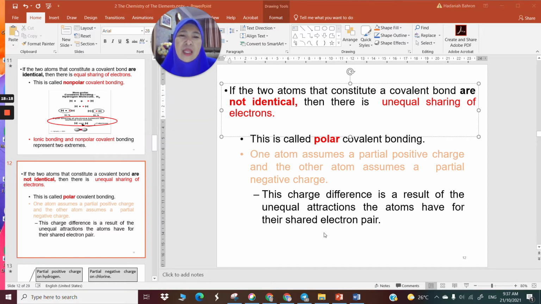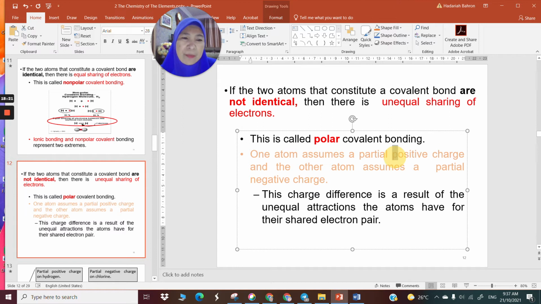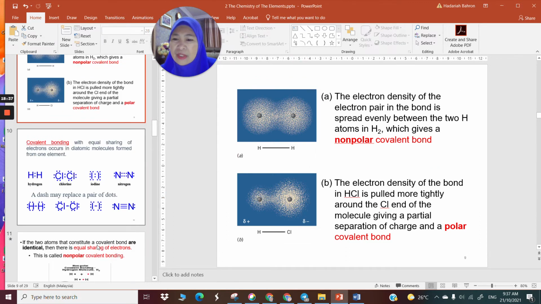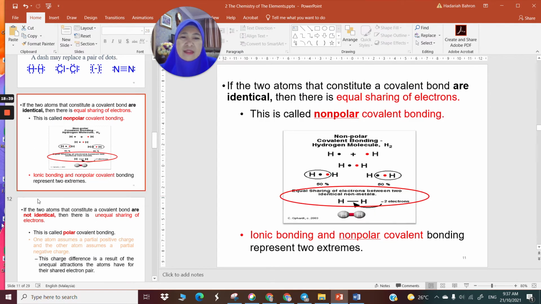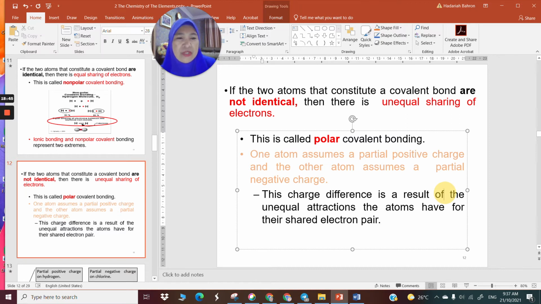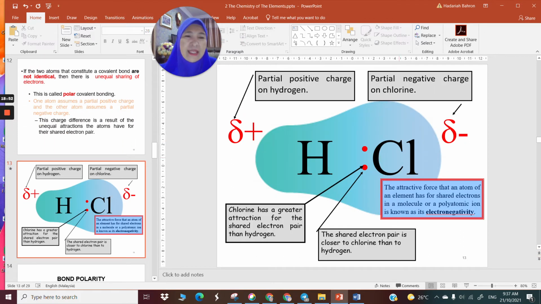Polar covalent bonding: one atom assumes a partial positive charge and the other atom assumes a partial negative charge. That's when you have that delta that I was talking about. This is the partial positive charge for the hydrogen, and this is the partial negative charge for the chlorine. So this charge difference is a result of the unequal attraction the atoms have for their shared electron pair, like I was saying earlier. So this is the case of HCl, as I explained.